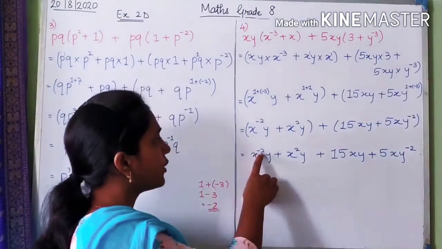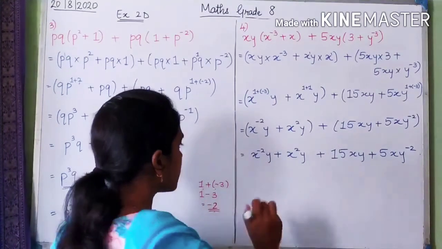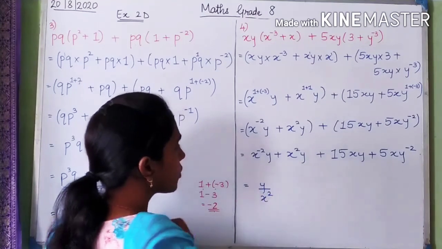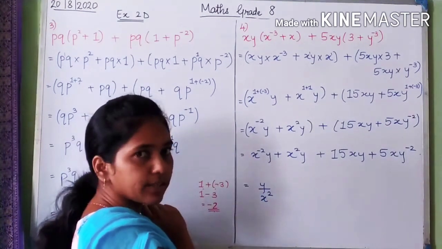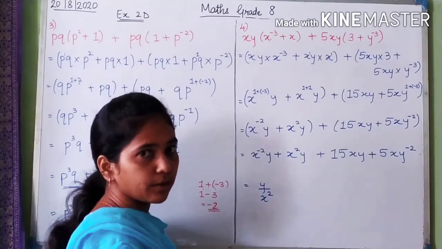Or if you don't want to put these negative powers, you can take it in the denominator. So I can write this as y by x square. Because this x square has a negative power, I take it in the denominator to make its power positive.